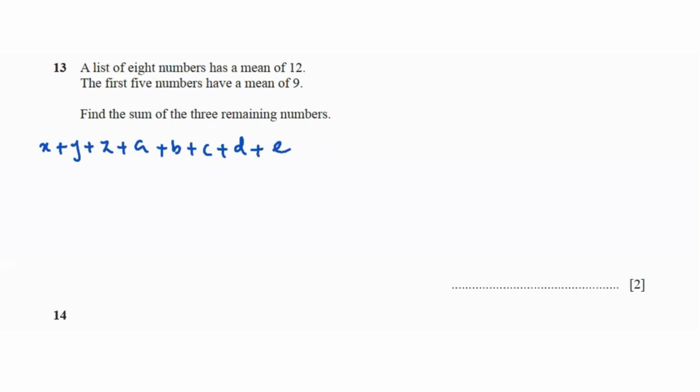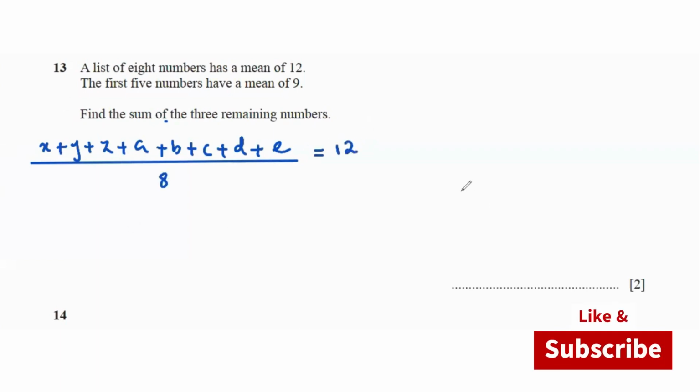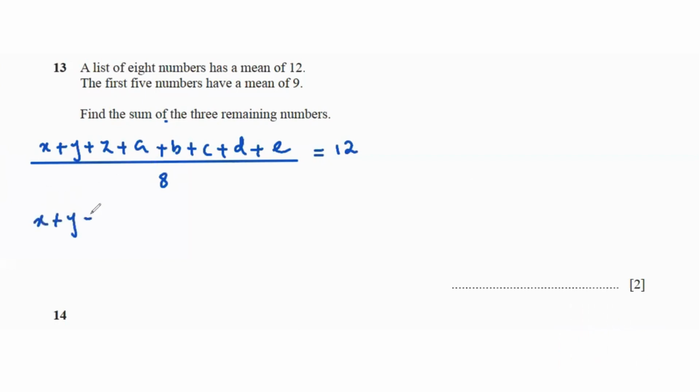I'm going to assume these 8 numbers, when divided by 8, equal 12, which is the equation for the mean for these 8 numbers. So the sum is going to equal 8 times 12, which is 96.